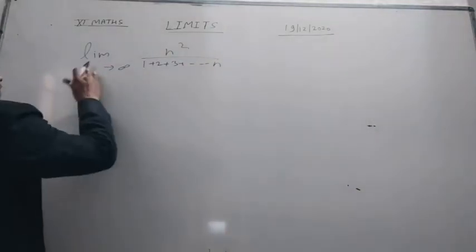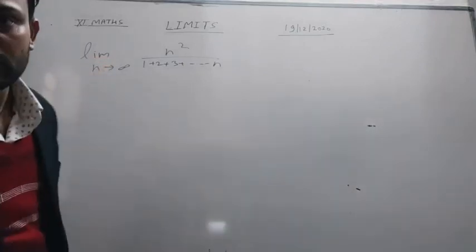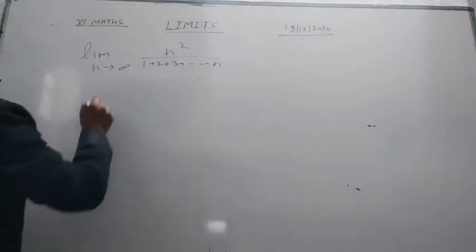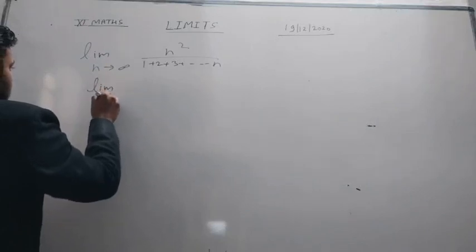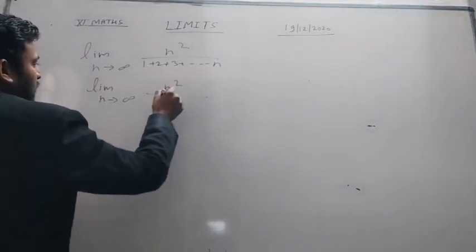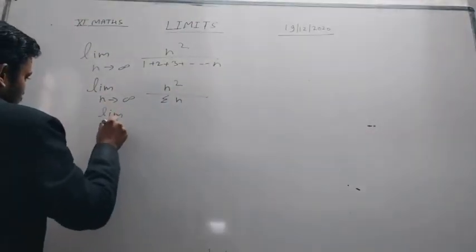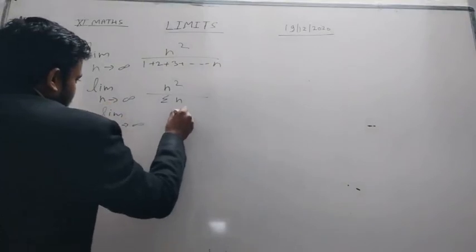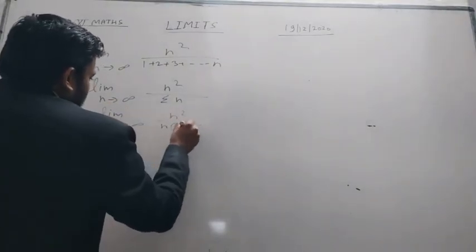So this is our question, student. Now what we will do: the limit as n tends to infinity, this is n square, and the denominator is summation n, and we know the value of summation n is n into n plus 1 by 2.